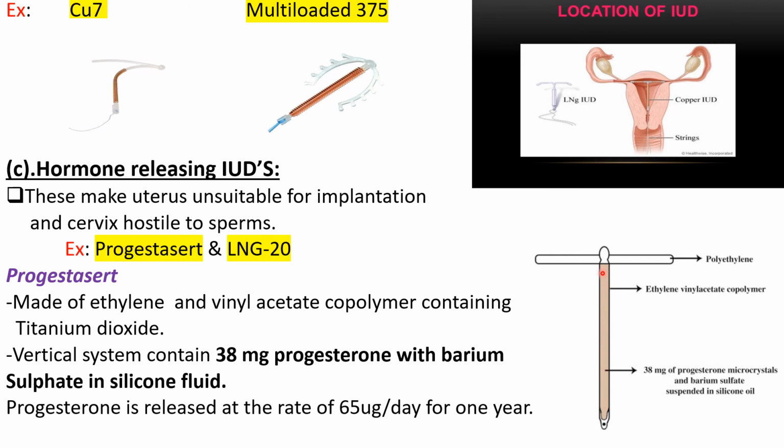First, this vertical system is filled with silicone oil, and in that, the progesterone microcrystals and barium sulfate are included. Every day, 65 micrograms of progesterone is released for 1 year into the blood of the female.